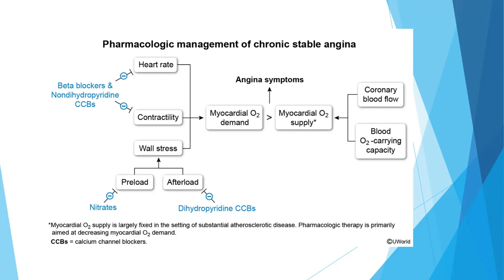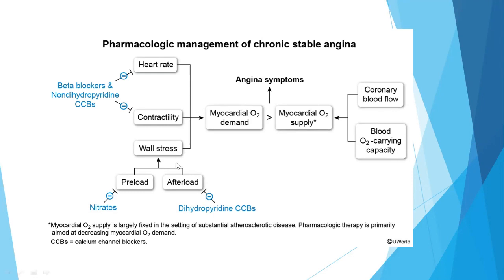If there is an increase in the heart rate, an increase in the contractility, or an increase in the wall stress, then the myocardial oxygen demand will be more than the myocardial oxygen supply, because the coronary blood flow and the blood O2 carrying capacity are not changed enough to compensate, due to factors like hyperlipidemia, thrombus, and atherosclerosis. So the myocardial oxygen supply will be diminished.